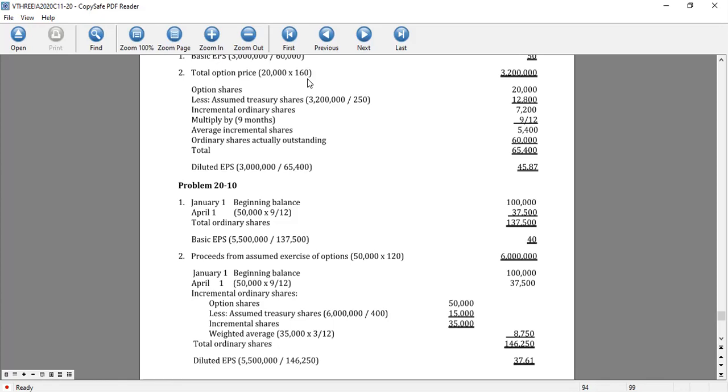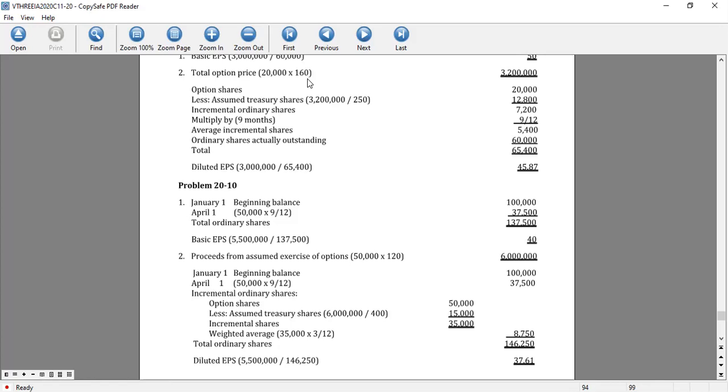We are adding 15,000 for the incremental shares. We have to deduct the weighted average. So that will be 12 million divided by 2,000. So you now get the option shares of 50,000.